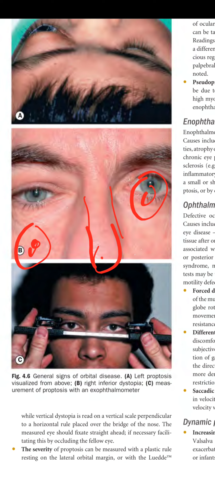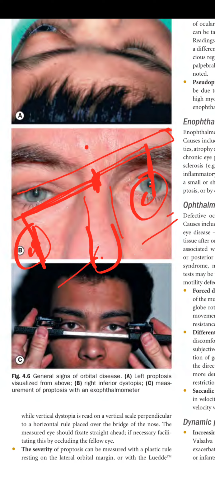Basically, you take the ruler, you scale, and you start measuring from the pupillary axis, and you also measure from the center of the nose to the pupillary reflex from here, and the difference will then guide us how much is the lateral dystopia or horizontal dystopia.